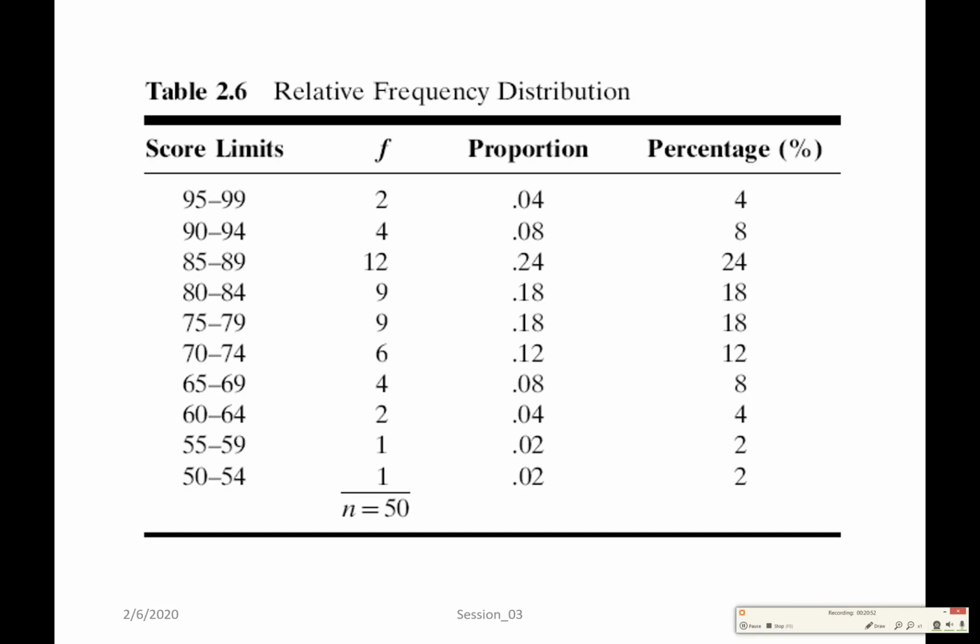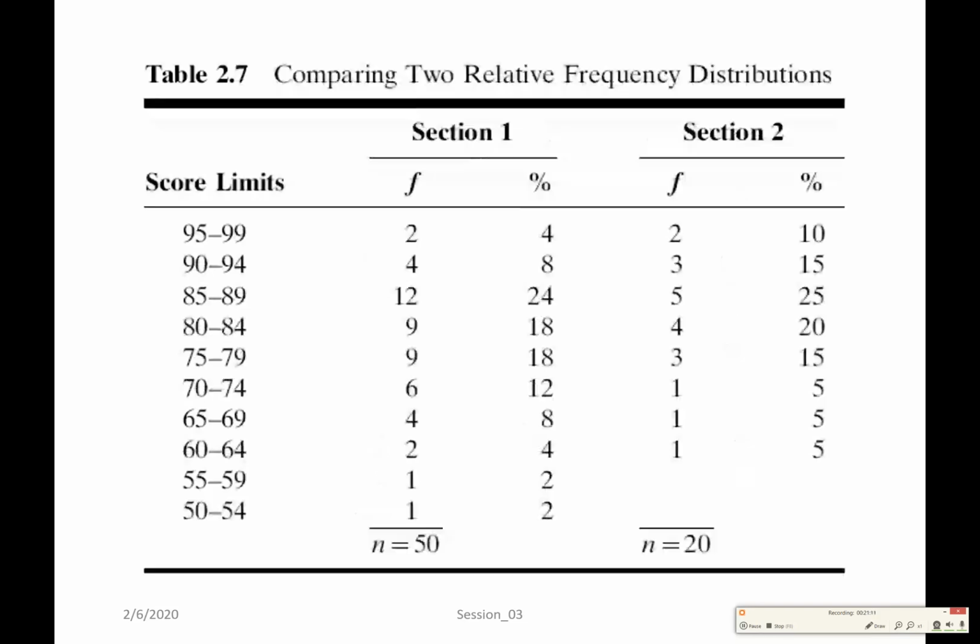Whatever the frequency is, divided by the total, gives you the proportion. If you want to convert it into a percentage, just move the decimal point twice to the right. That's a percentage. Any questions so far? It's going to get exciting, trust me, okay?